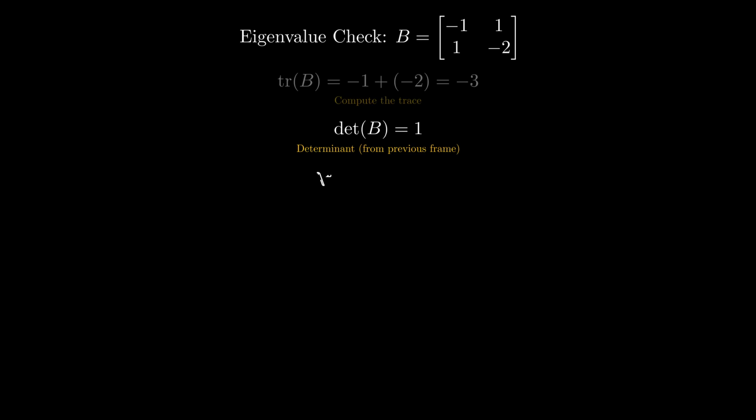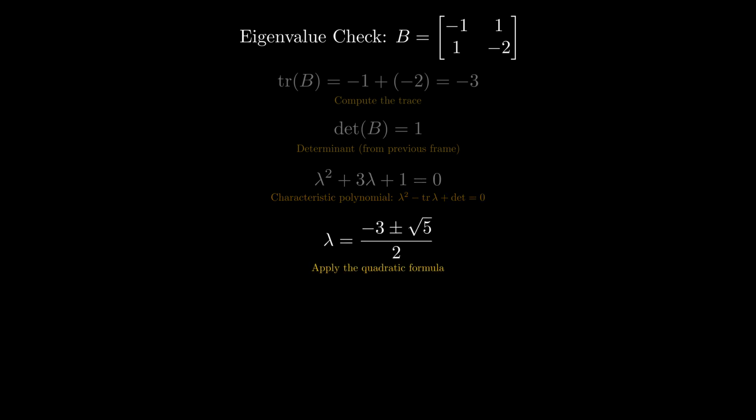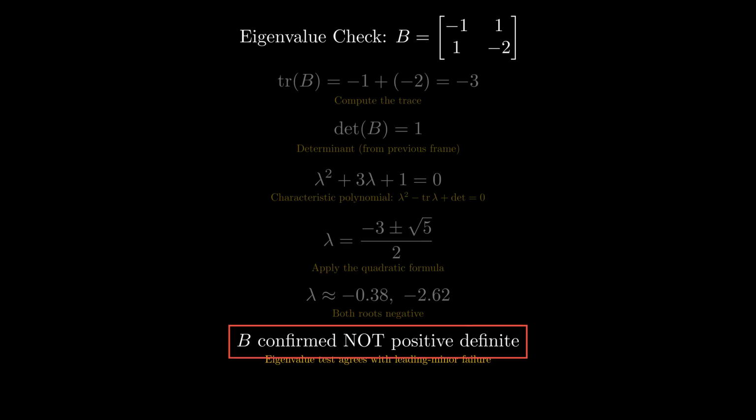So the characteristic polynomial is lambda squared plus 3 lambda plus 1 equals 0. Solving with the quadratic formula, lambda equals -3 plus or minus the square root of 5 all over 2. Numerically, that's about -0.38 and -2.62. Both roots negative, confirming B is not positive definite.